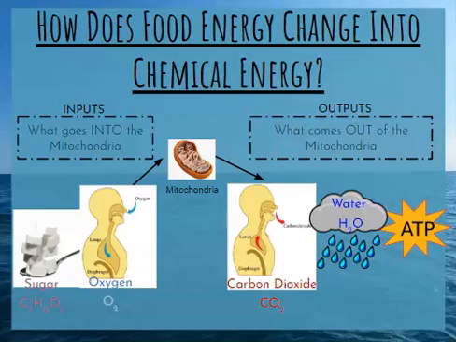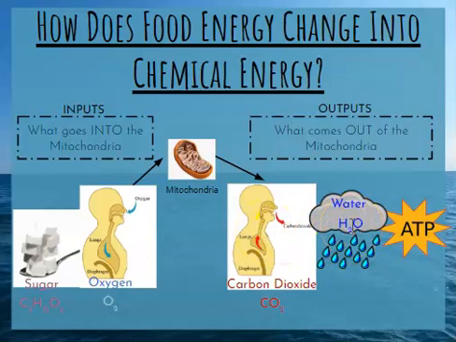So this is the overall picture of cellular respiration. When we are talking about cellular respiration, we are talking about making usable energy from sugar. So the plant has either made its food or an animal has eaten its food and then breathes in oxygen. And those two ingredients go into the mitochondria. And inside the mitochondria, the molecules are rearranged and out comes carbon dioxide, what you're breathing out, and water.